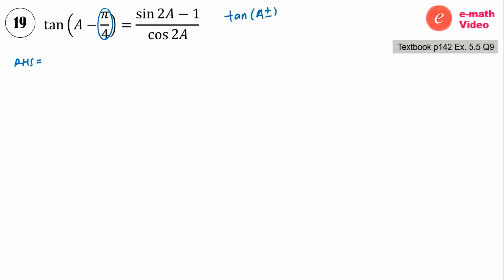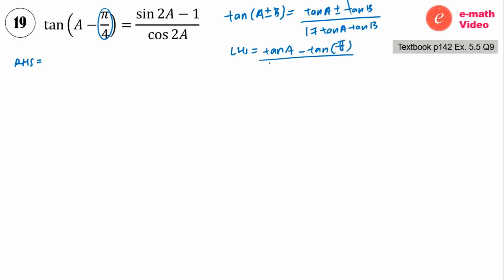Tangent A plus minus B equals tangent A plus minus tangent B over 1 minus plus tangent A times tangent B. And in this case, our left hand side will equal tangent A minus tangent pi over 4 over 1 plus tangent A tangent pi over 4. And then we know that tangent pi over 4 is actually equal to 1.